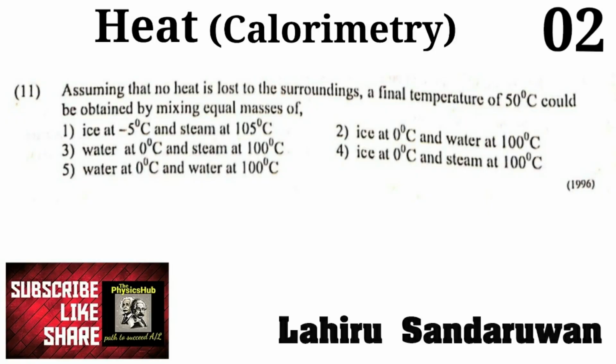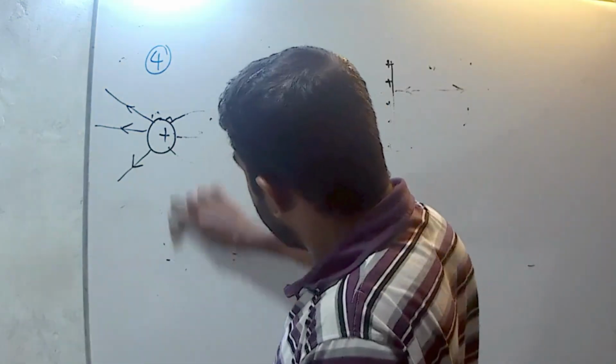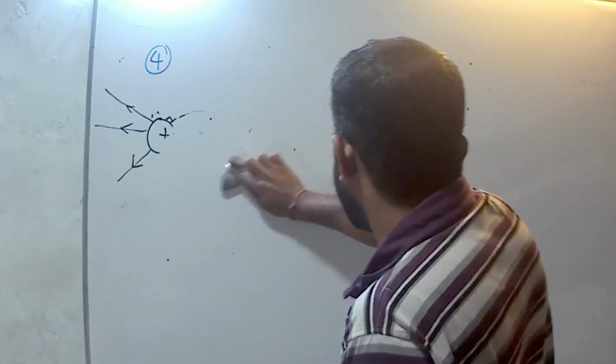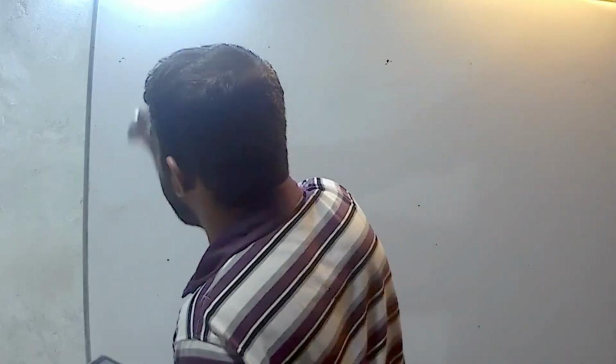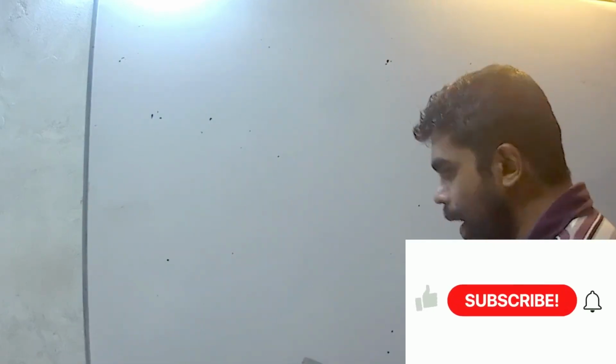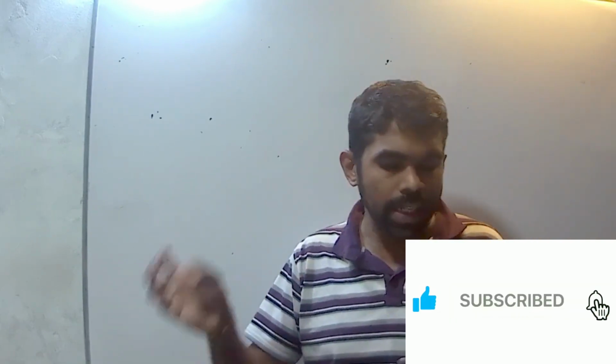Assume that no heat is lost to the surrounding. A final temperature of 50 Celsius degrees could be obtained by mixing equal masses of... We know that to obtain the mid temperature as the final temperature, we have to mix two materials with the same condition, same material and same temperature difference.